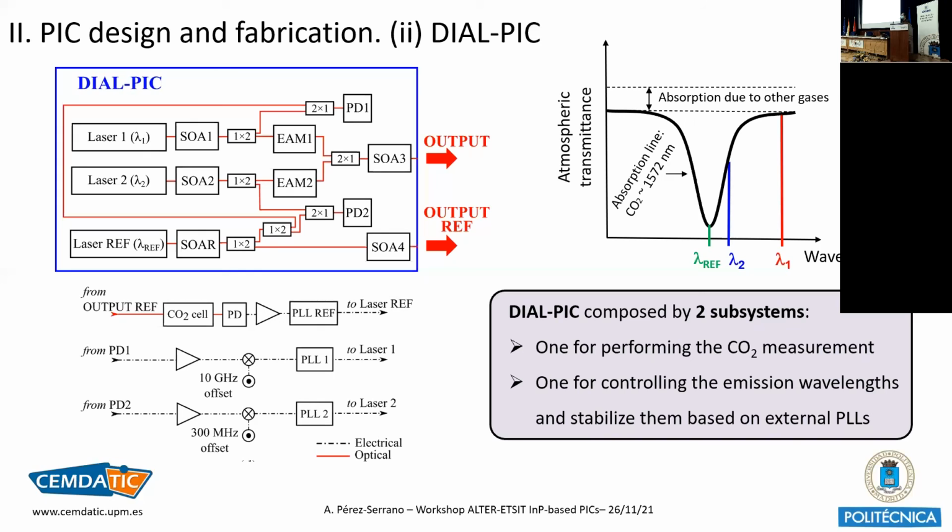We have even measured that for each material you get different wavelengths, and maybe you have a different response. But we have chosen a wavelength absorption line that is in principle free of other gases. We can go to these 1572 nanometers, or you can go to 2 microns. Well, with indium phosphide not, but you can go with other technologies to this other wavelength.